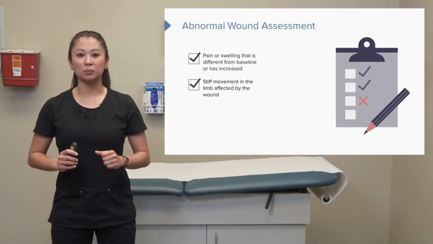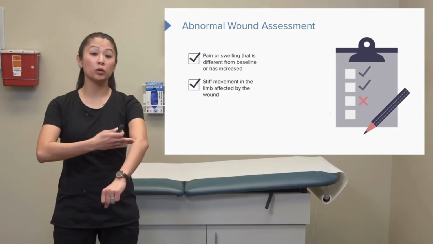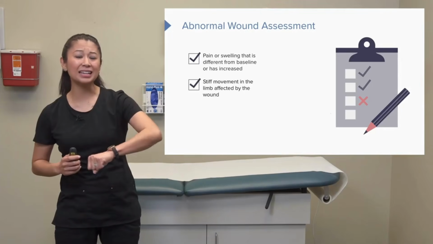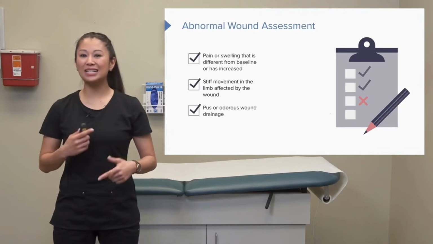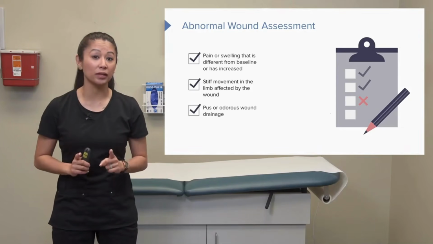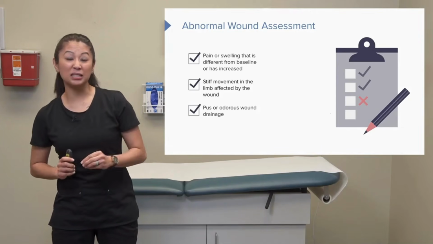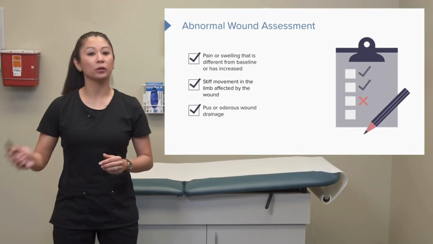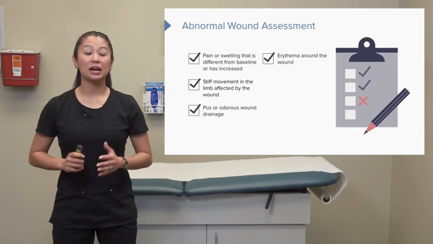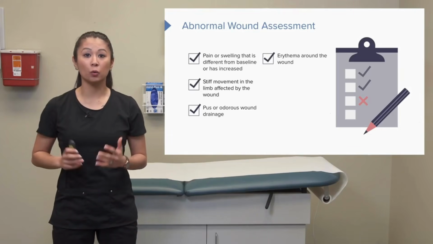Sometimes with wound assessment, maybe a patient has a wound on their arm. If it's getting excessively stiff, that could be an issue. And we already talked about that drainage. That's really important to note. If it's pussy or if it has an odor, that's definitely abnormal and we need to report it to the physician.